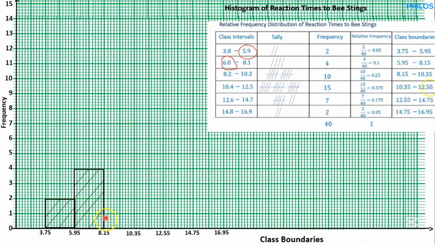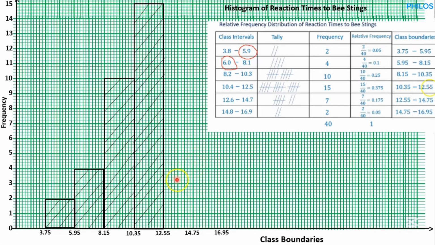Then we go to the next one, 8.15 to 10.35. The frequency of this class is 10. So we draw the bar up to 10 and shade inside. Now 10.35 to 12.55. The frequency of that class is 15. So we draw the bar to the height of 15 and shade it also.